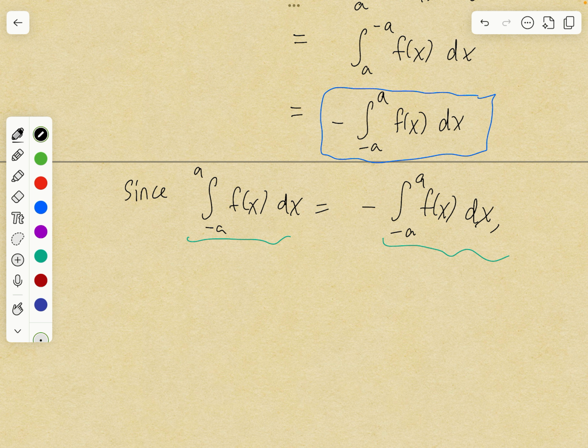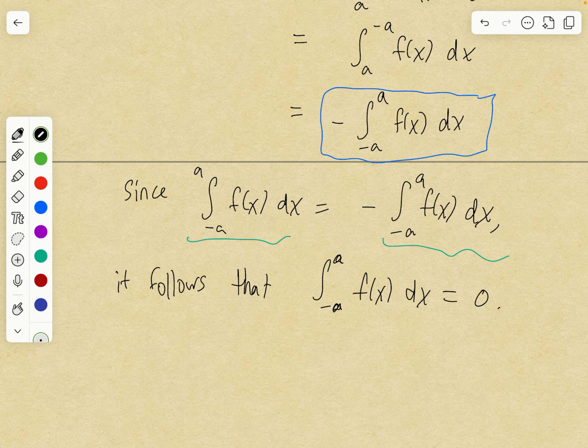So since these two are equal, it follows that the integral from negative a to a is 0, which confirms what we would expect to be true.